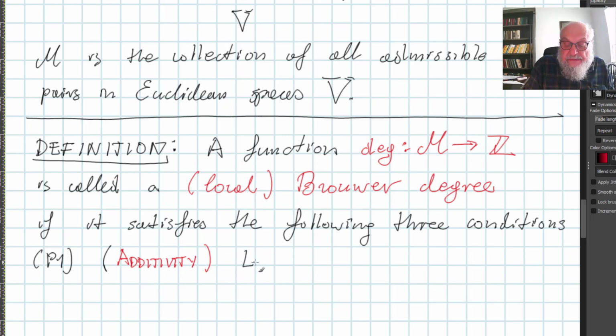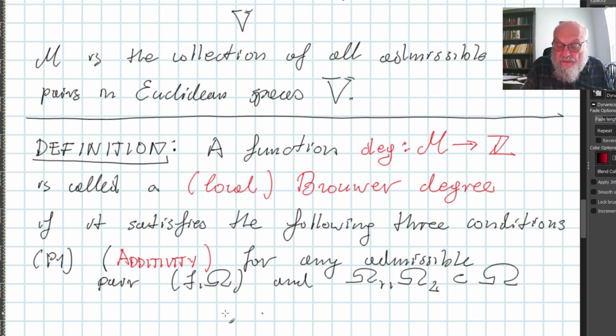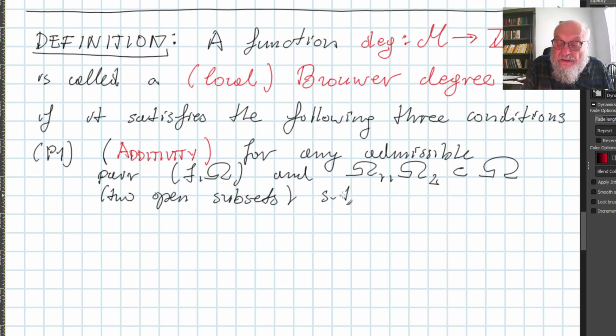Let, for any admissible pair (f, omega), and two open subsets, omega 1 and omega 2, contained in omega, satisfying the properties that we have here.